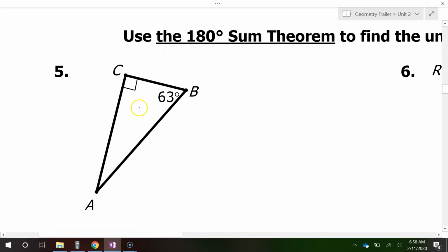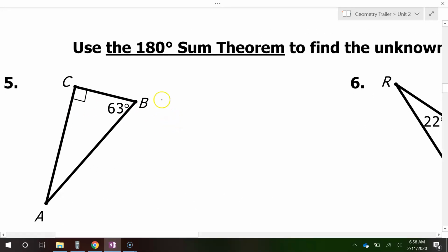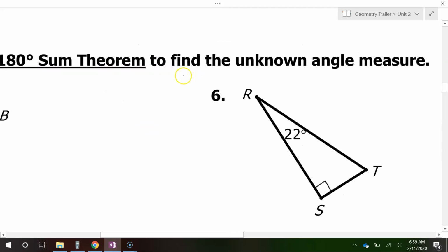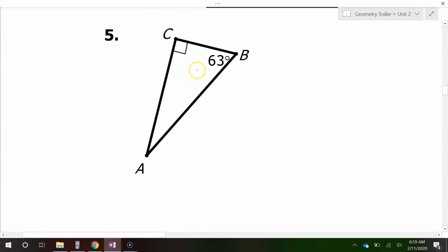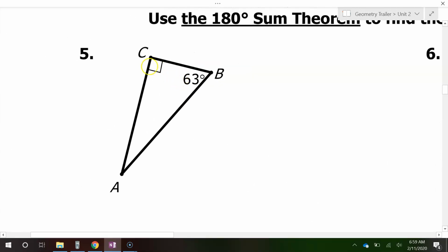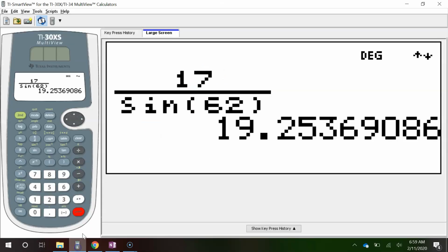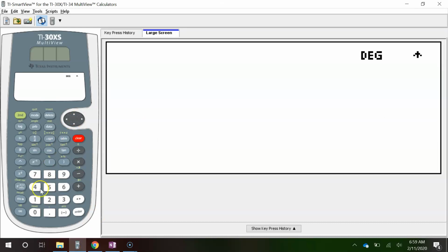Okay, switching gears a little bit here. We're going to use the fact that the angles in a triangle add up to 180 to find the unknown angle measure. So look, these first two angles are 90 and 63. What I'm about to do right now is sort of the long way.